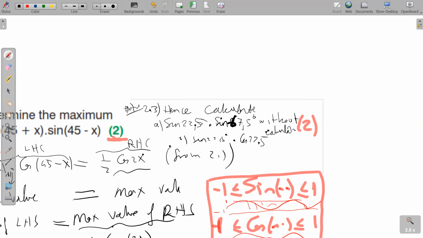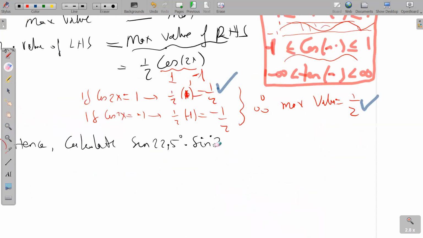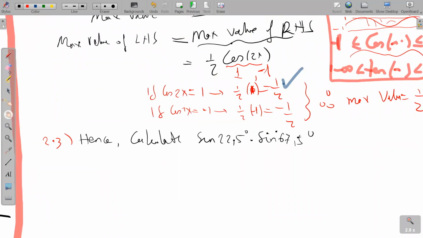Also, I can ask, but it's a little bit different. My question is this one. Okay. Sine 67.5 degrees without calculator. So we see, hence, we have to use the original question again.